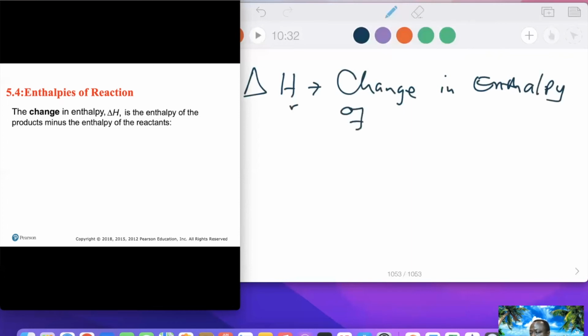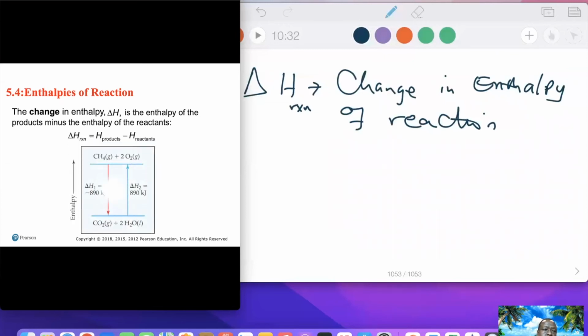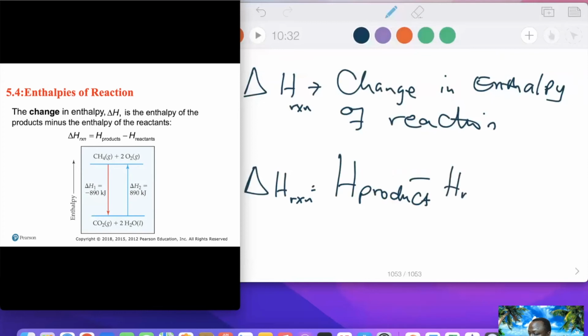If I put here Rxn, of reaction, it is obtained by H products minus H reagents.